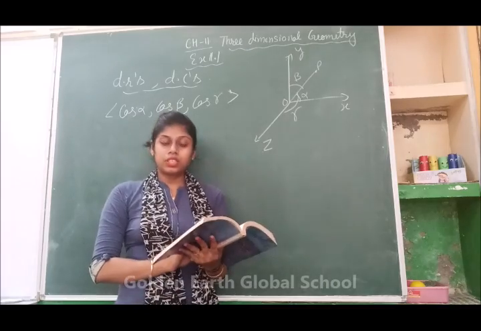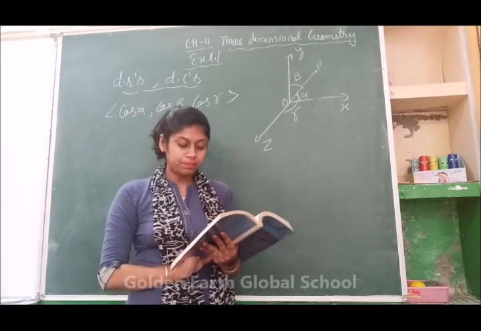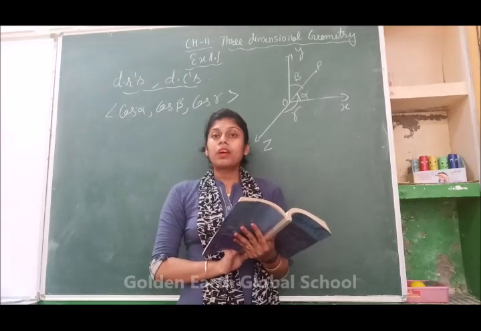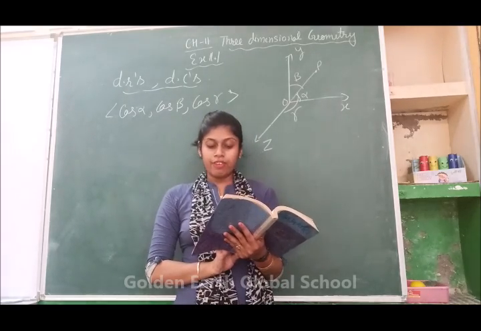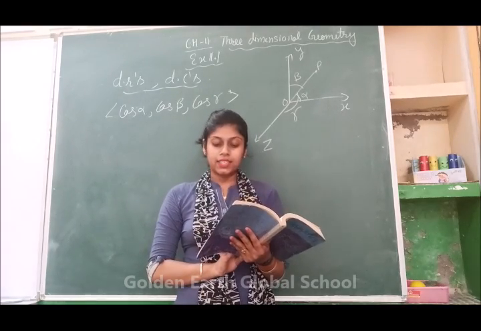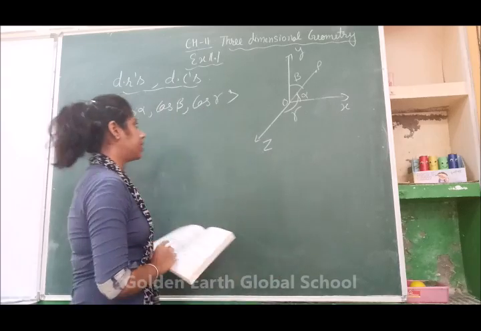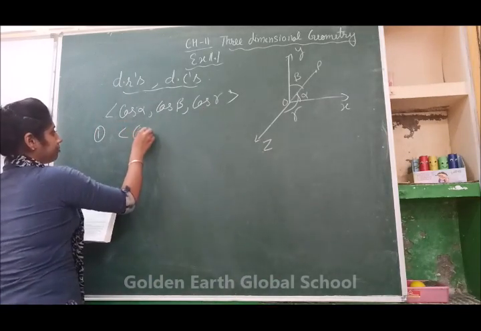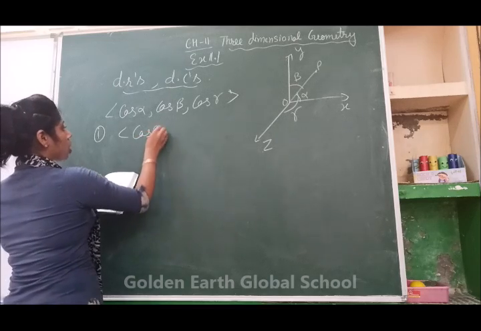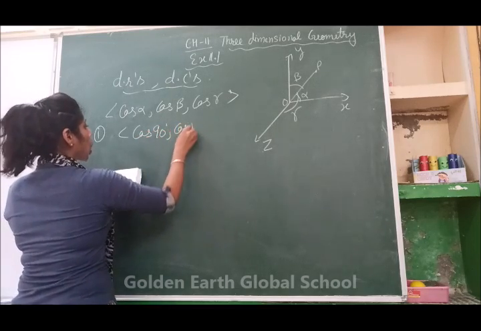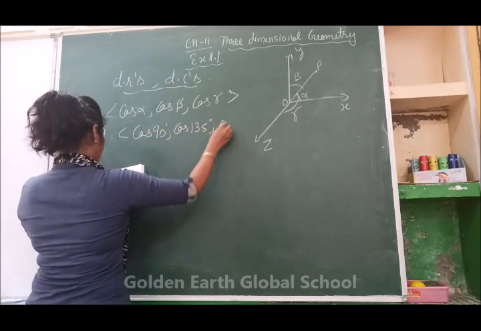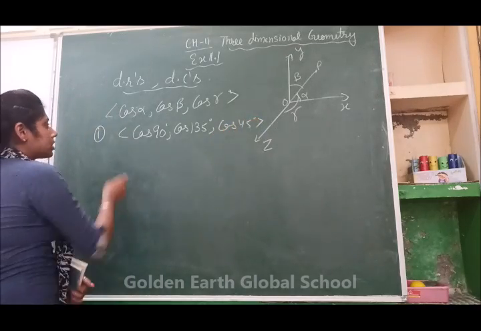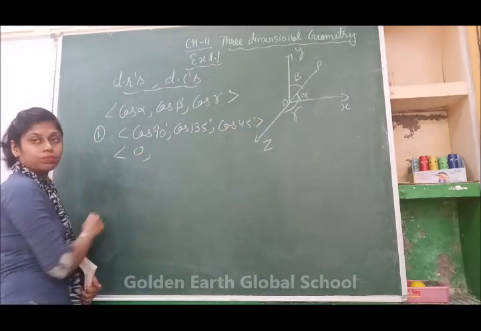See your first question of exercise 11.1. If a line makes angles 90 degrees, 135 degrees and 45 degrees with the x, y and z axes, find its direction cosines. So we can put the angles in: cos 90, cos 135 and cos 45. The value of cos 90 is 0.